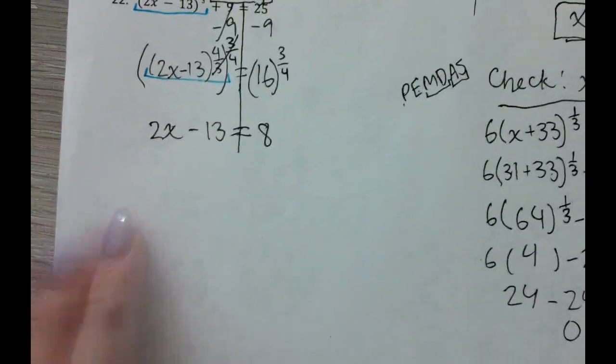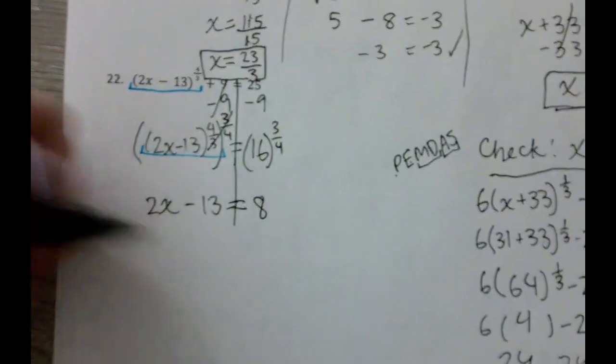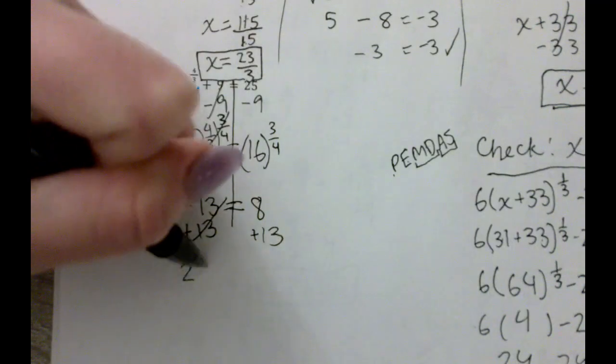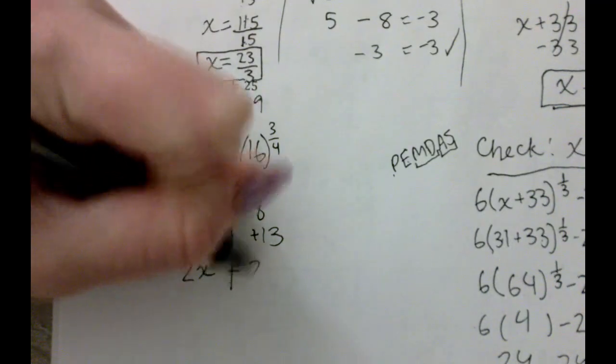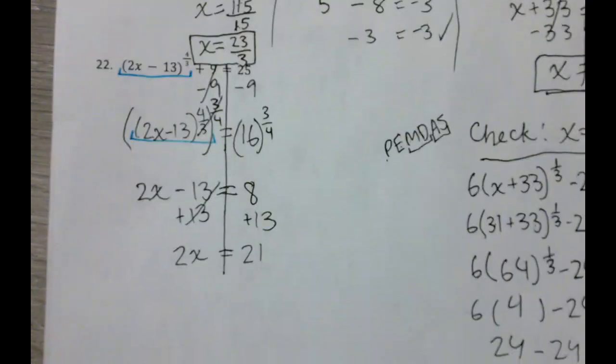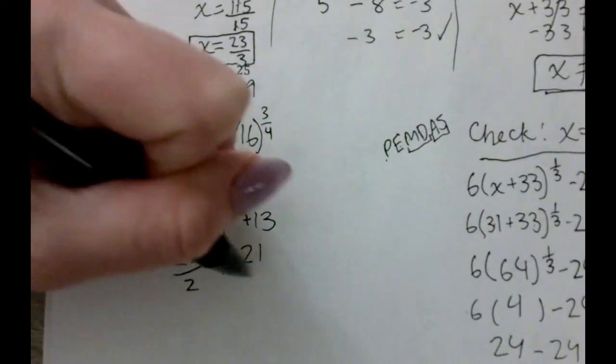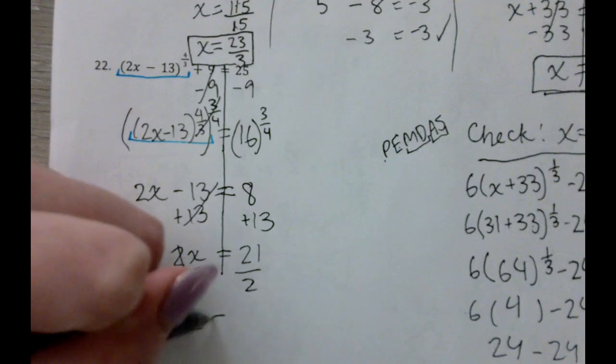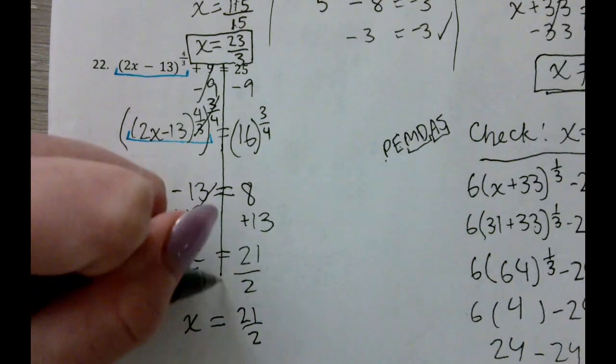And now we keep solving for x. Add 13. 2x equals 21. Not even, so we are going to have a decimal here. Divide by 2. x equals 21 over 2.